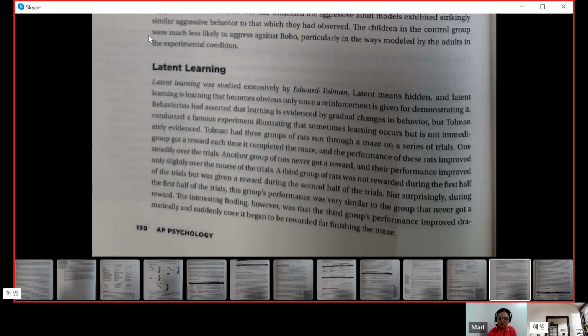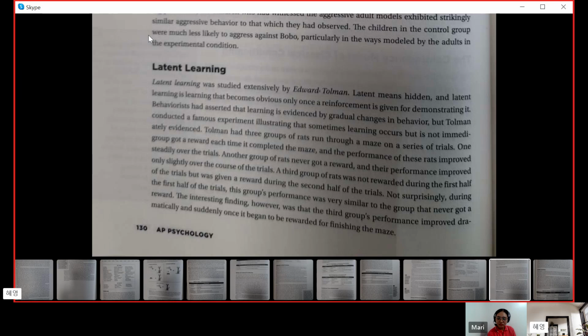Behaviorists had asserted that learning is evidenced by gradual changes in behavior, but Tolman conducted a famous experiment illustrating that sometimes learning occurs but is not immediately evidenced.